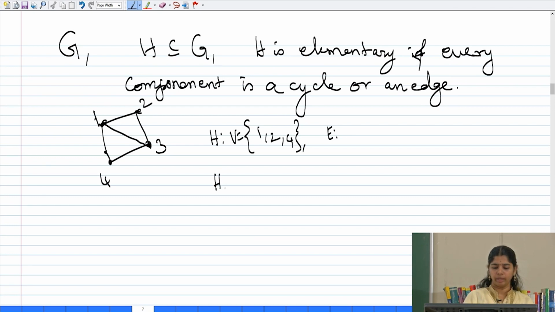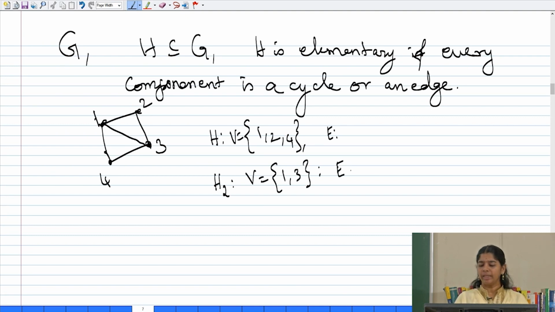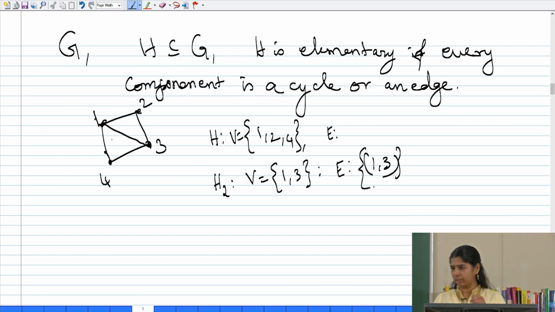Say suppose I take another one, V is 1, 3. So, the edge set could be just the pair 1, 3. This is an elementary subgraph, but here, on 1, 2, 4, we cannot have an elementary subgraph, because 1, 2, 4 form a path P3, and we cannot split them into two edges since we are talking about subgraphs, not induced subgraphs.